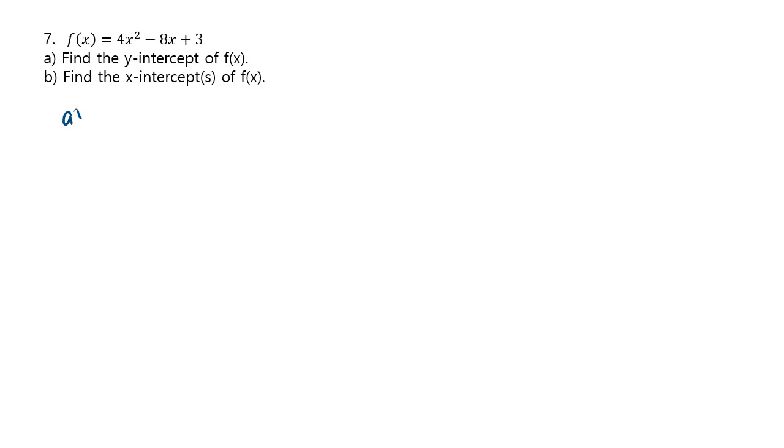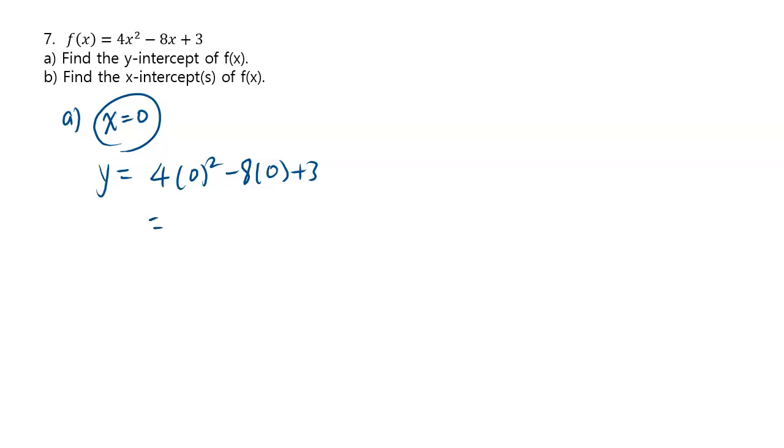First, Y-intercept, you set X equal to 0 to get the Y-intercept, right? So you have the Y value equal to 4 times 0 squared minus 8 times 0 plus 3, which is just equal to 3. And therefore (0, 3) is your Y-intercept.